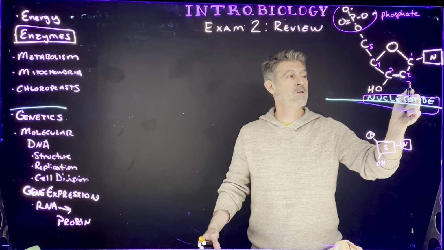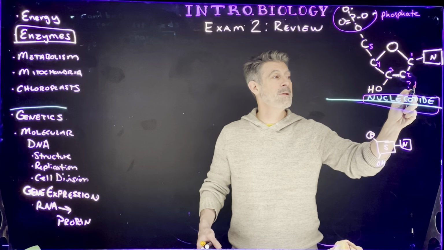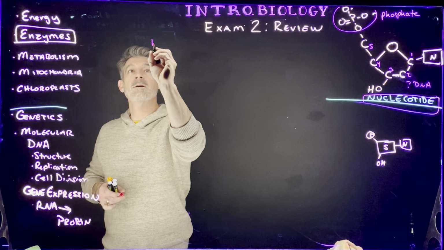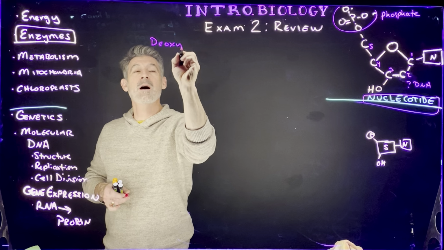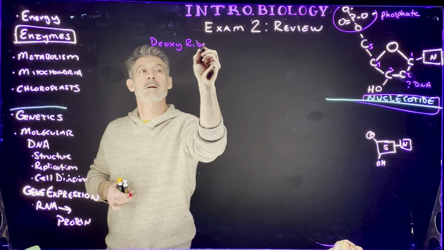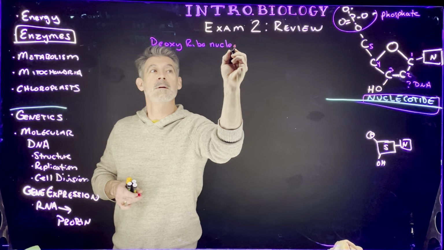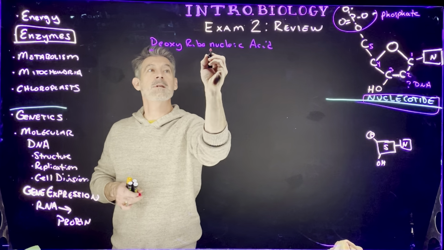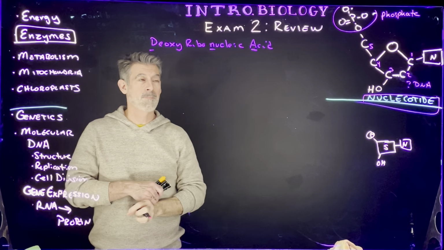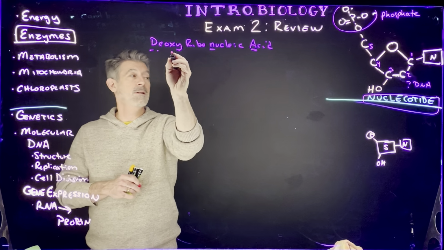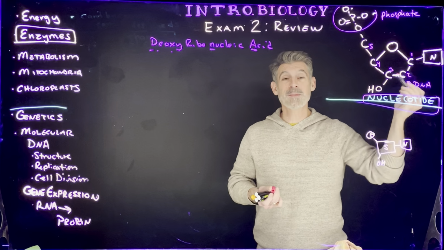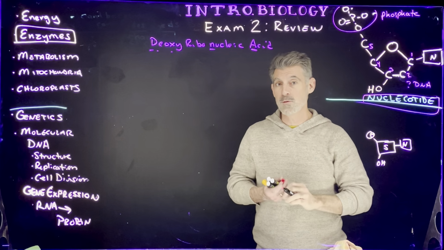This carbon's oxygen is in DNA missing, right? It's called deoxyribonucleic acid, okay, DNA. Deoxy, without oxygen, it's missing an oxygen. So the sugar is missing an oxygen at the number 2 carbon.